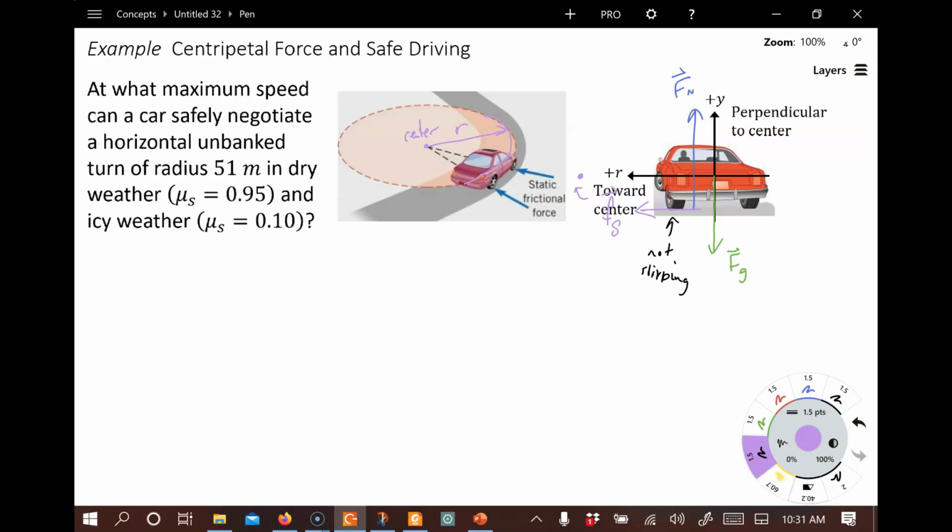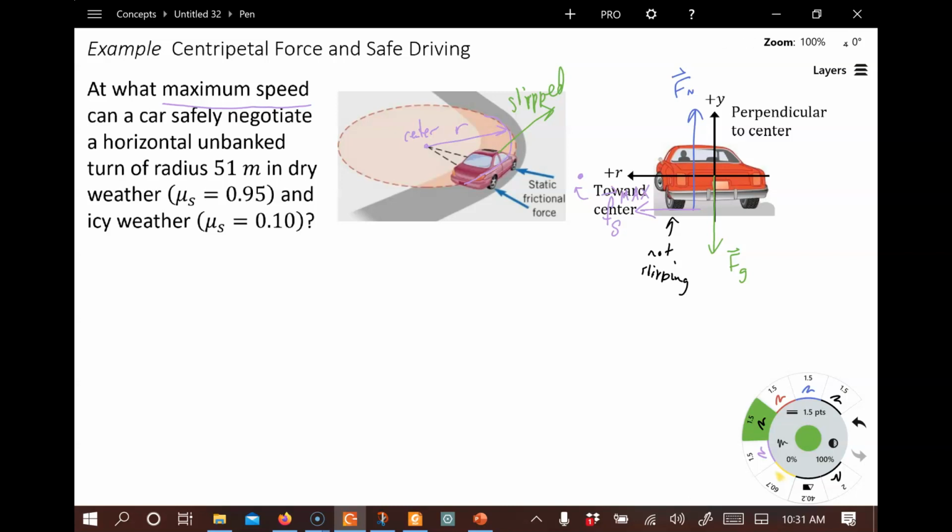And if we read it carefully, what maximum speed can a car safely negotiate a horizontal unbanked turn? Well, that means that we are at the max value of the static frictional force, because if we went any faster, we would start to slip, and of course if you slip, you won't stay in a straight line. You'll start to slide out in this direction, right? Here's what would happen if you slipped.